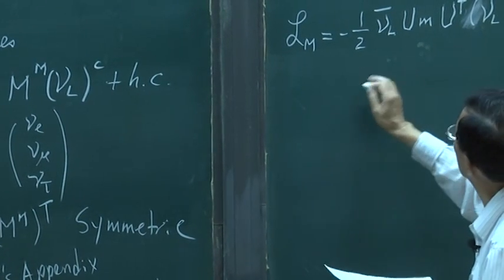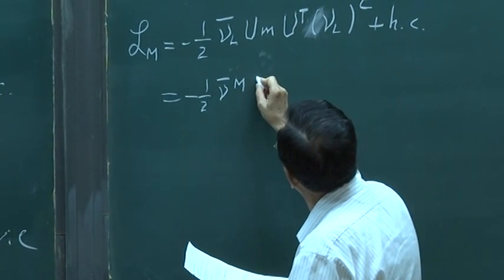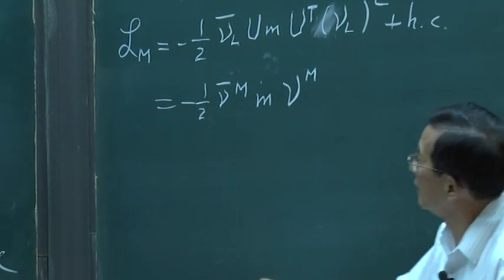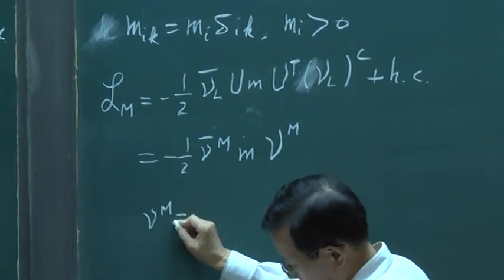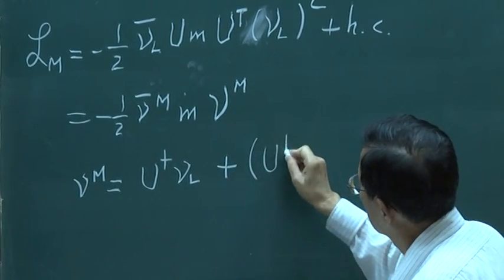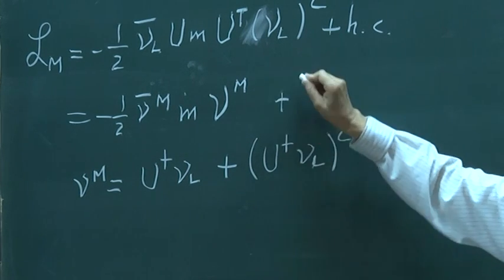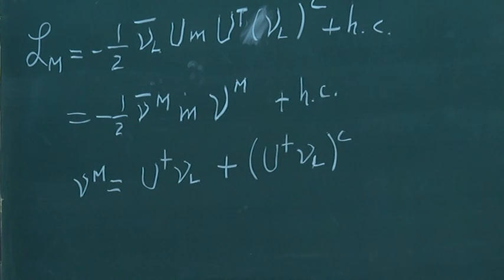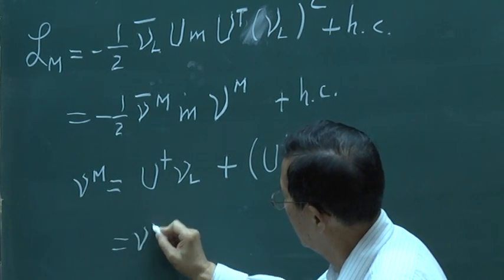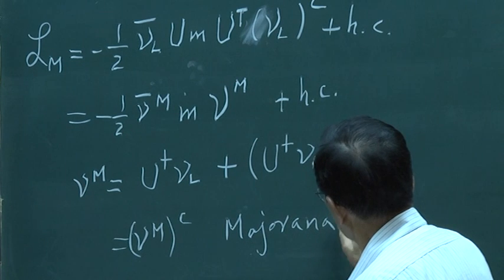I showed you last time that you can write this as minus one half nu bar M, little m, nu M, and this nu M is equal to U dagger nu L plus U dagger nu L C. Look at this: if you take the charge conjugation, the two terms just interchange, so nu M equals nu M C. So it's a Majorana neutrino.